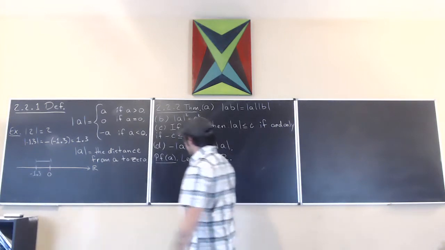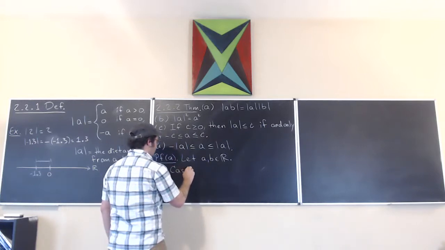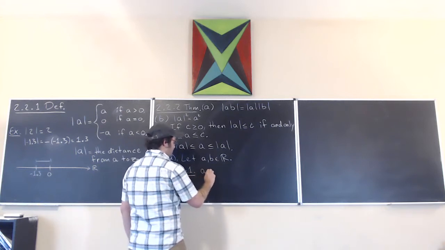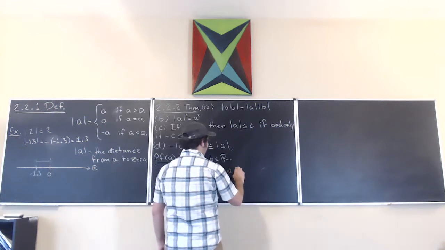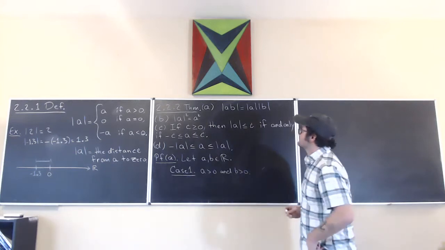And then we have cases. Case 1: A is greater than 0, and B is greater than 0. Okay.